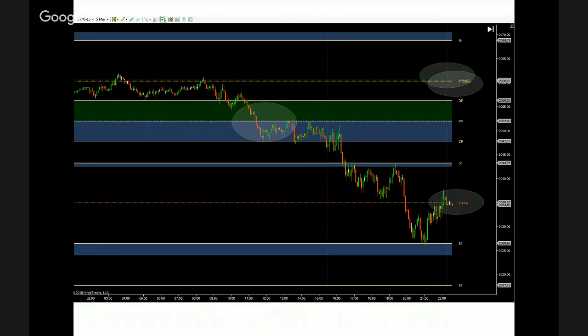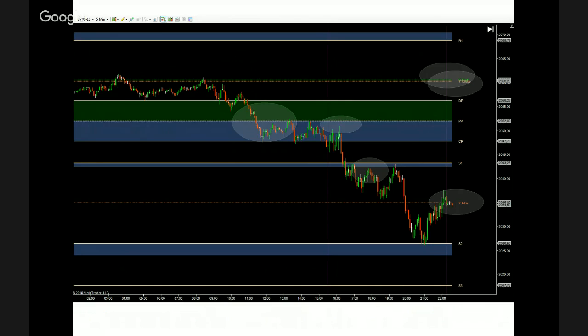And at the open, there was a brief test of the main pivot from below, and then the market broke through to the downside of the first support level, gravitating towards the low of yesterday.